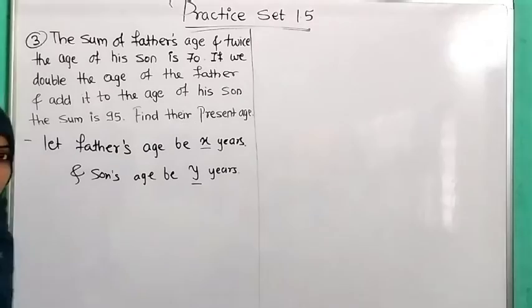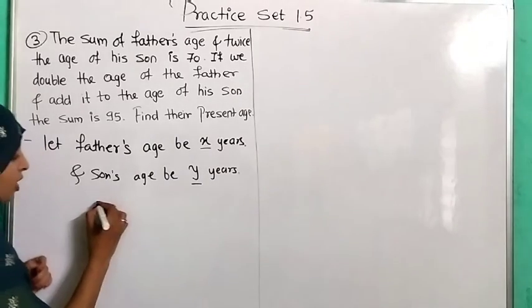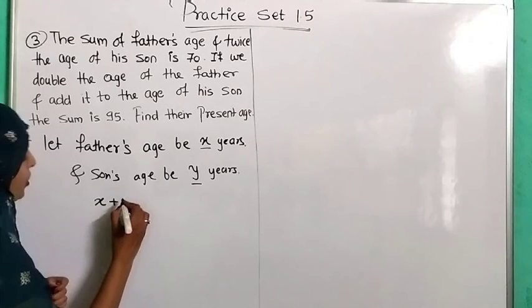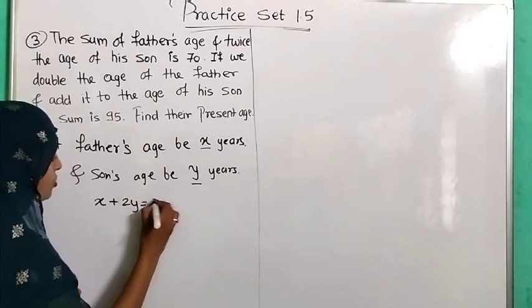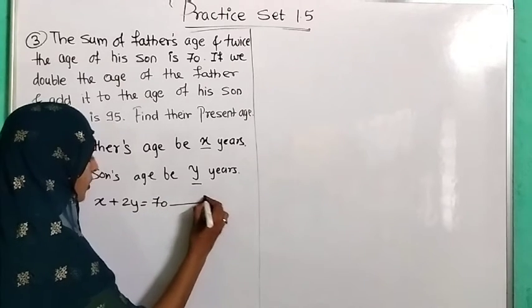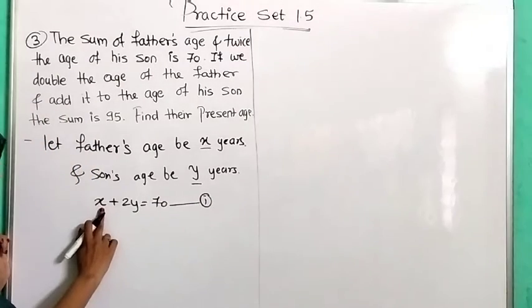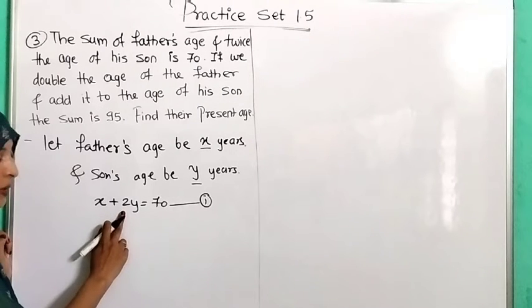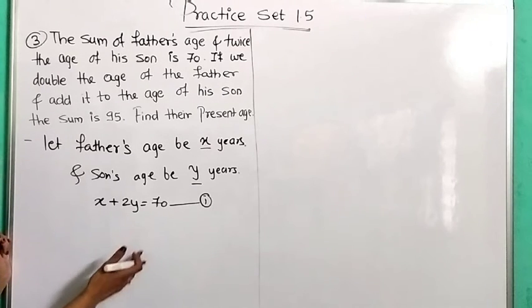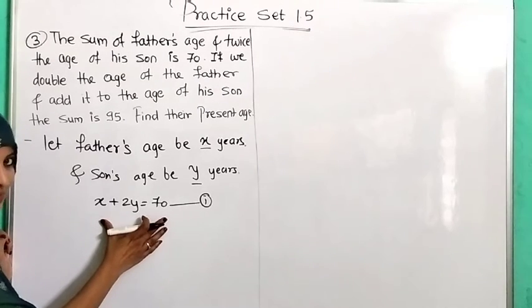Means according to the first condition, we can write here x plus 2y is equal to 70. This is equation number 1, because the sum of the age of the father plus twice the age of his son is equal to 70 years.